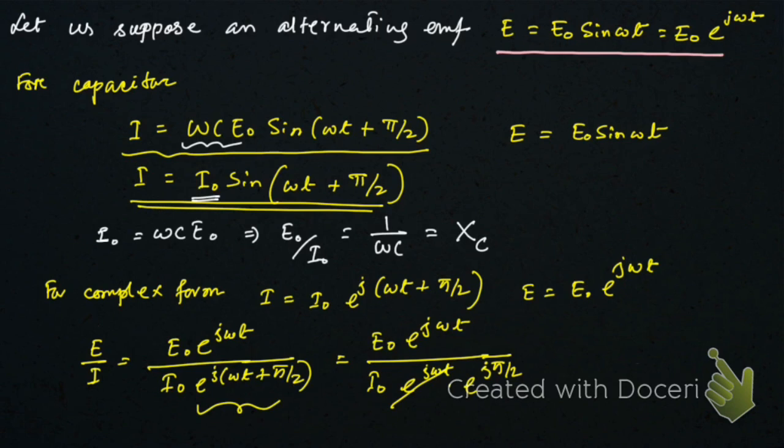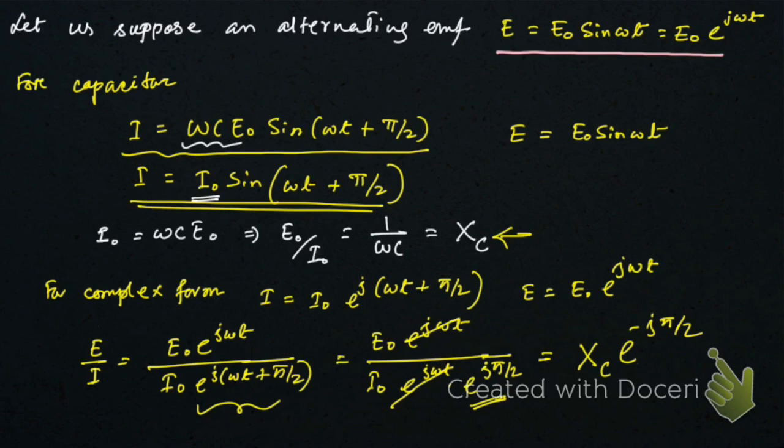So then this cancels. E naught by I naught is nothing but XC, and here e to the power j pi by 2 will be e to the power minus j pi by 2.